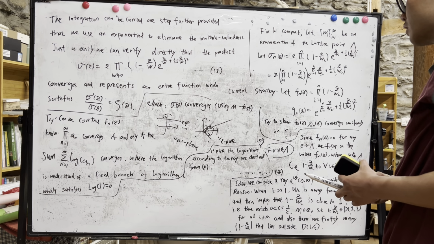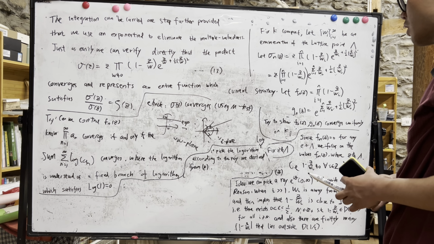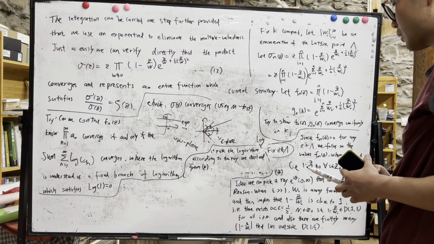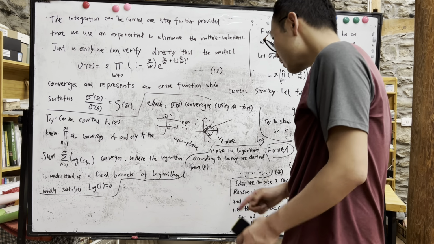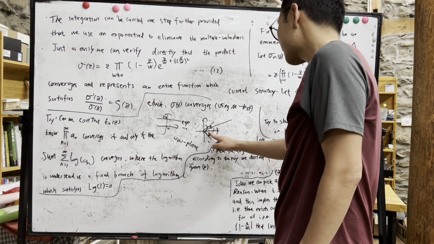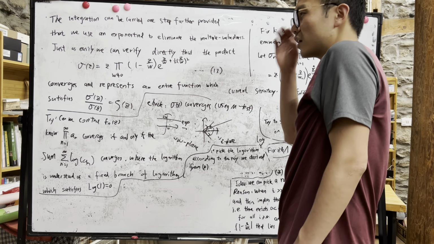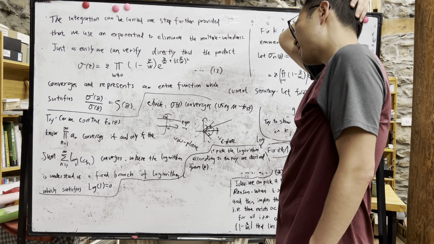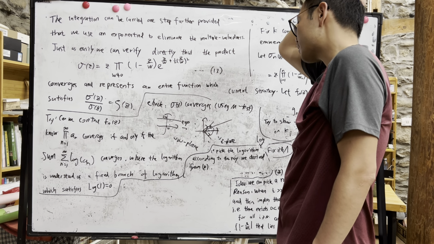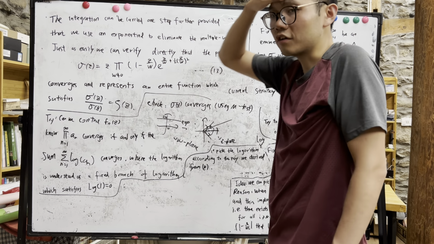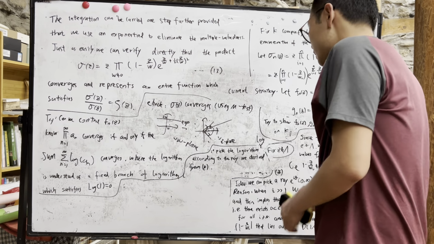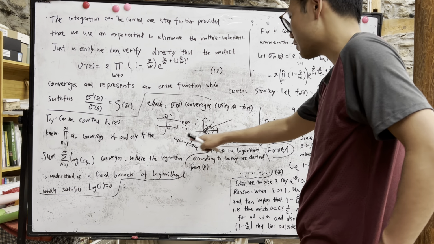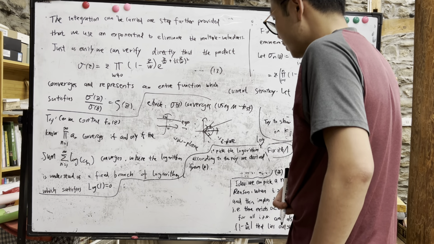So for each point, you have to pick a continuous choice of the argument function, such that it maps the point 1 to the point 0.